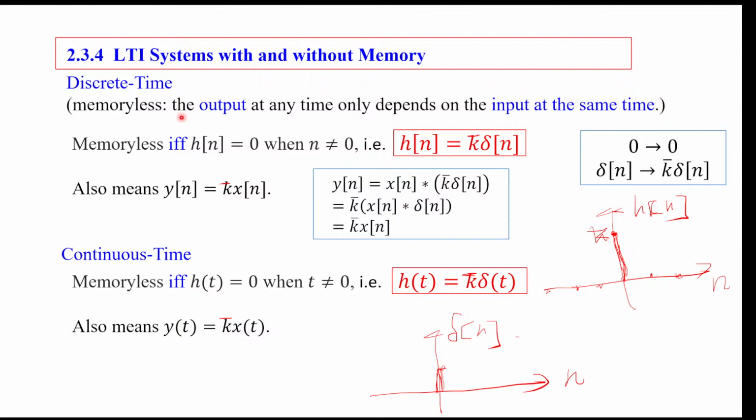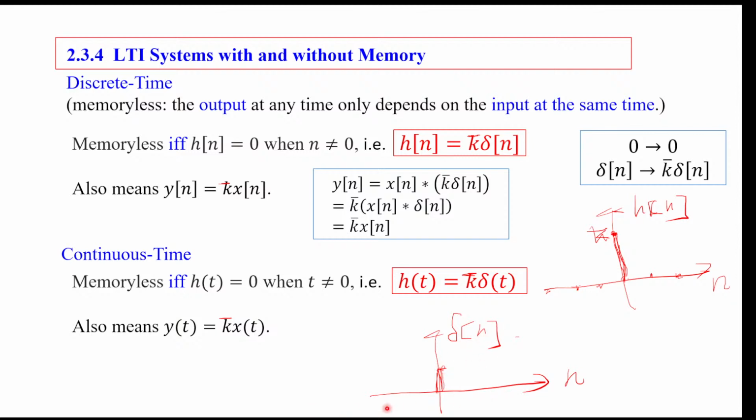So the output of a memoryless system to the delta function can only be non-zero when n equal to 0.